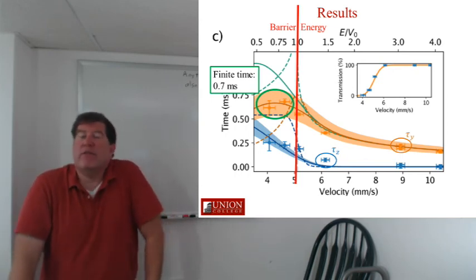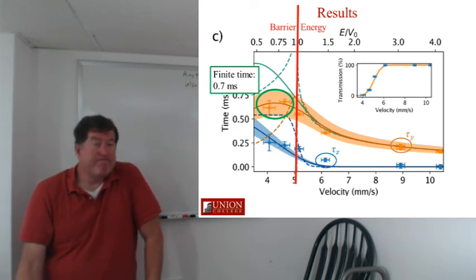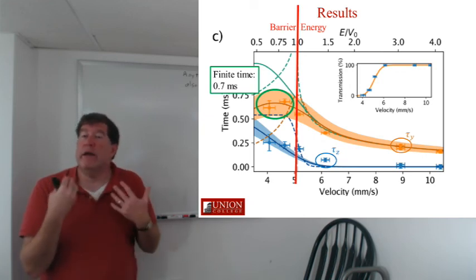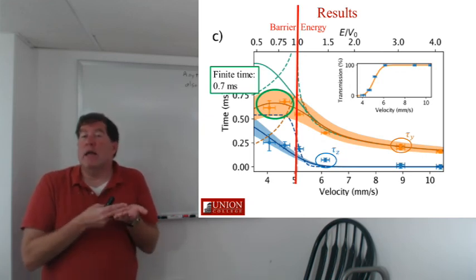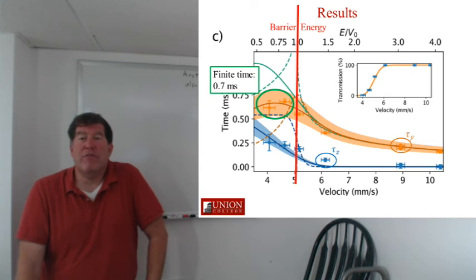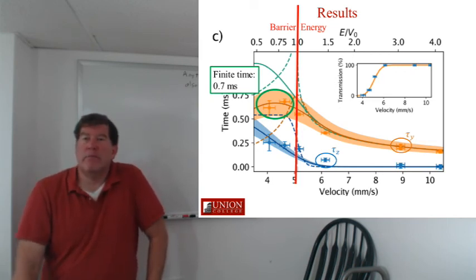And so that's an argument that people can continue to fight out. But for the moment, this is an experiment that is doing a job of measuring how much time the atoms appear to spend inside a region where classical physics says they shouldn't be found? And the answer is a little less than a millisecond.